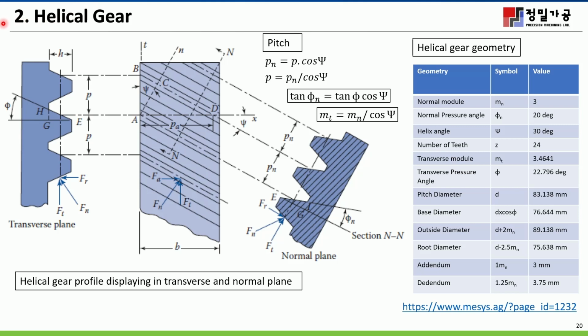Next, we draw the helical gear. Okay, in the case of a helical gear, the gear tooth has a helix angle, which is presented in this angle, something like this. And why is the helical angle made?